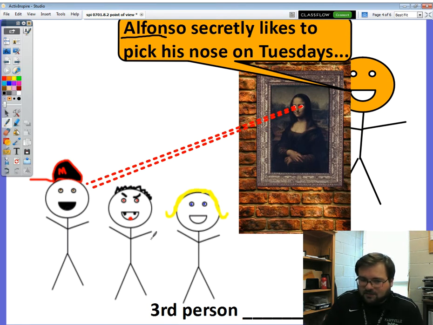Now, he might mention things about our other characters, but that's just because they're with Alfonso. And so what we call this is third-person limited point of view. That's because our narrator is limiting what they tell the story to what's going on with this one character. It'll still use third-person pronouns or the person's name in the place of that pronoun.